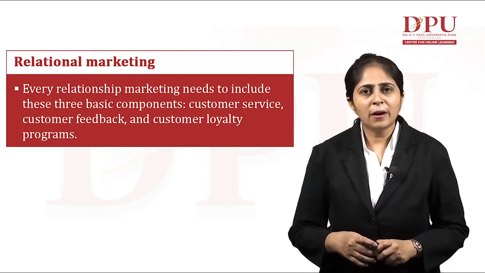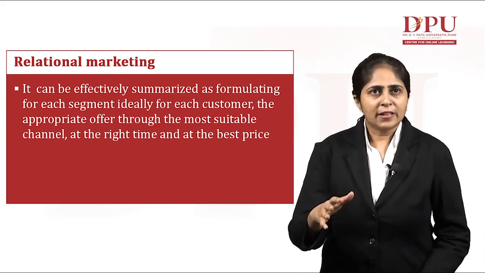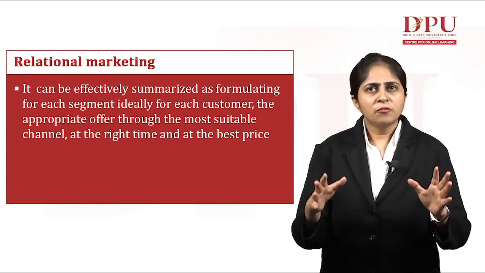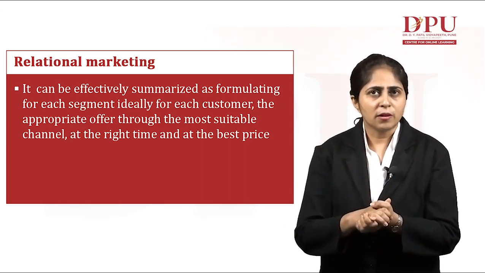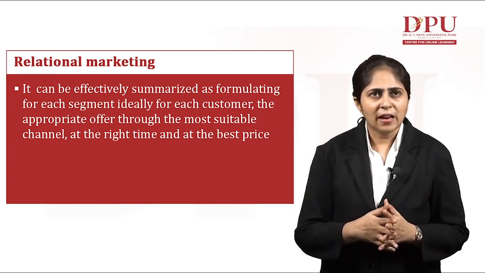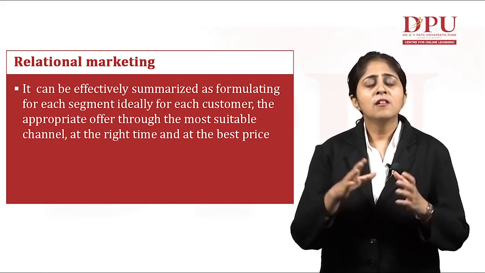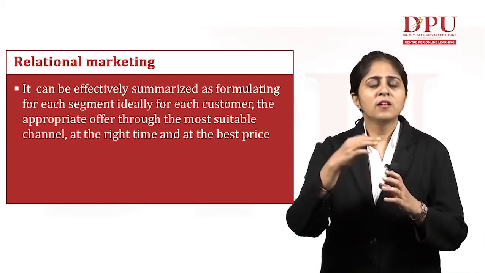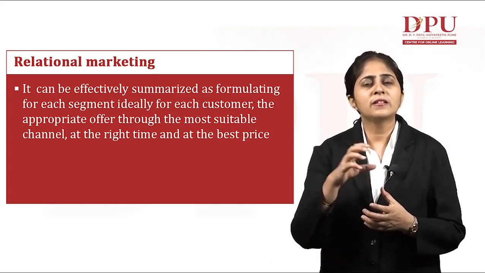Talking about relational marketing, what all things can be there in relational marketing? It can be effectively summarized as formulating for each segment, ideally for each customer, the appropriate offer through the most suitable channel at the right time and at the best price. We should know which segment of the customers we are targeting.